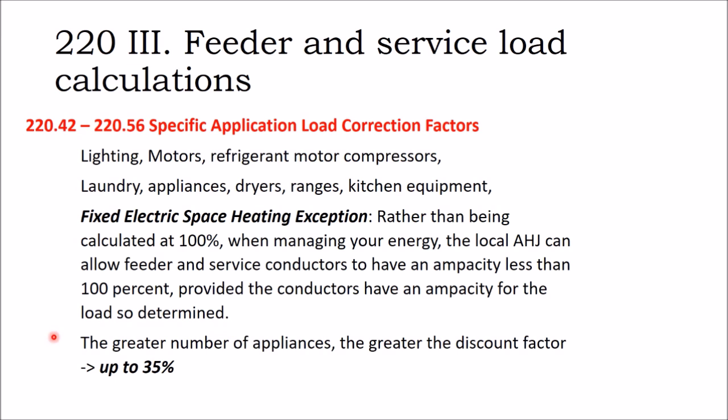The larger your home, the more appliances you have, the greater the discount factors can be applied. And so if you're operating, say, a laundromat, they will assume that a certain number of your machines are not operating all at the same time on their maximum cycle.